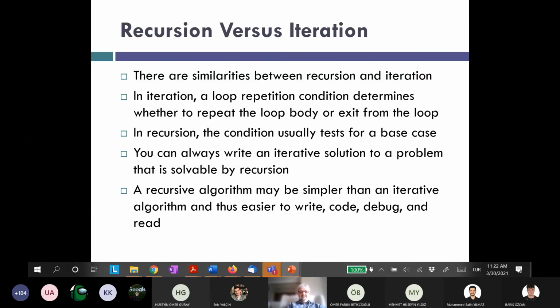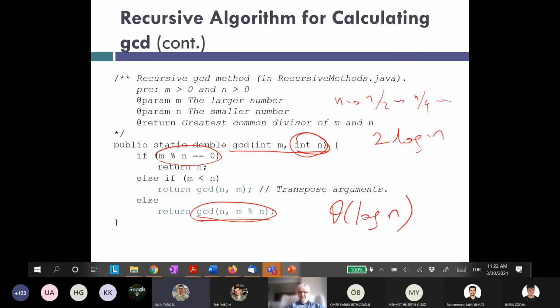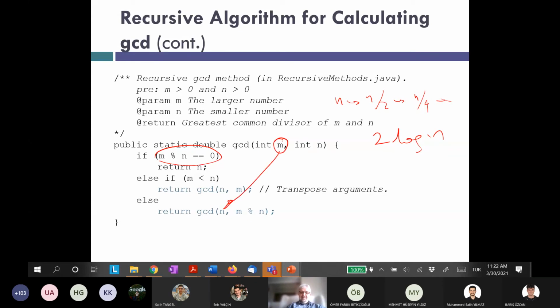Okay. Sir, can you say again why is it log n? Now, at each recursive call, as you see, for this recursive call, m is greater than n, right? Clear, right? Clear. So m is changed to n.